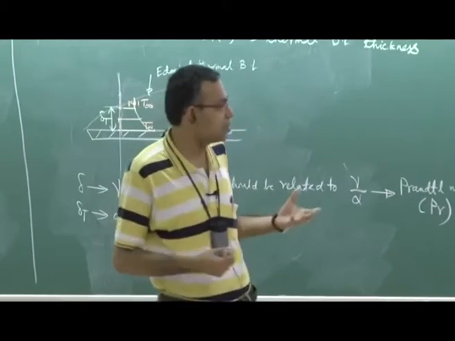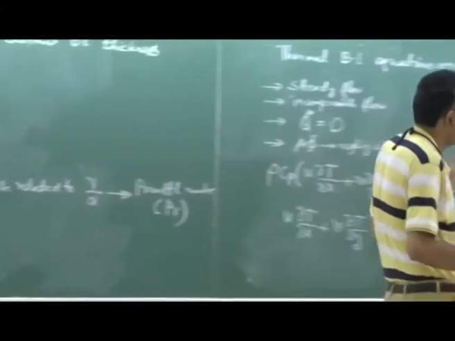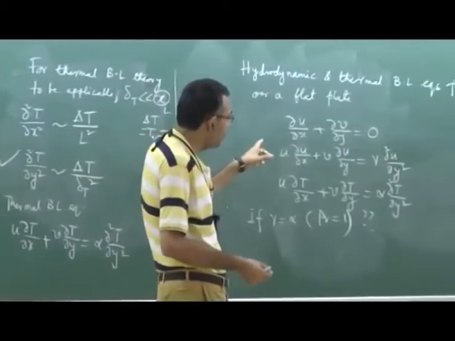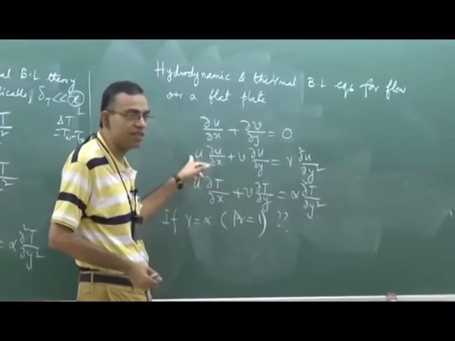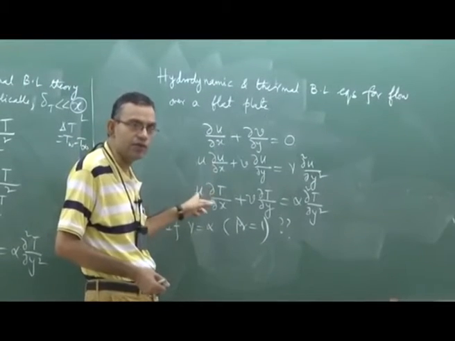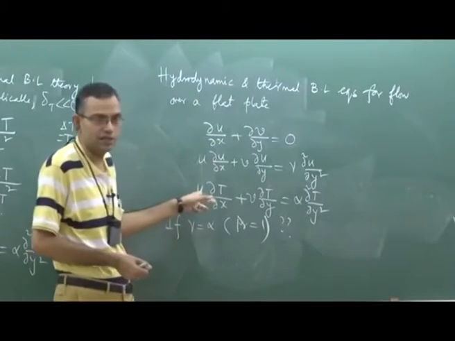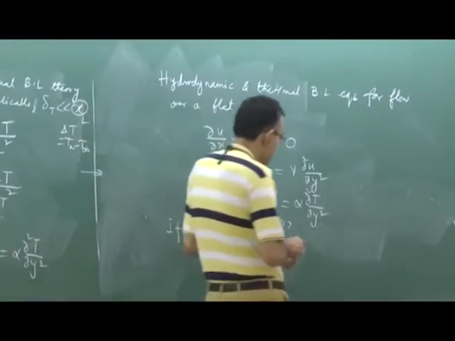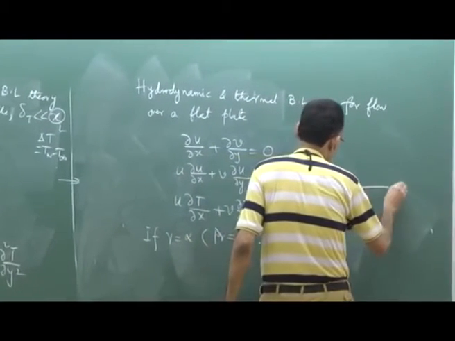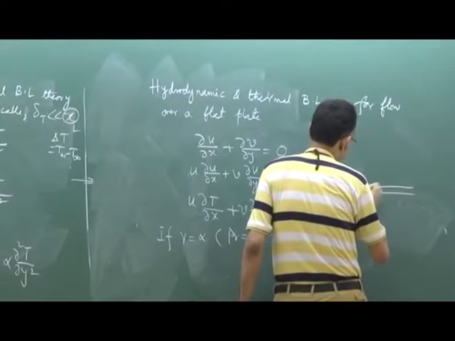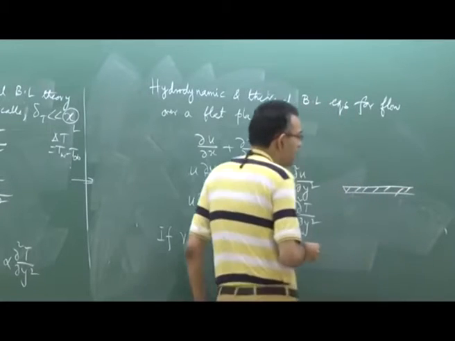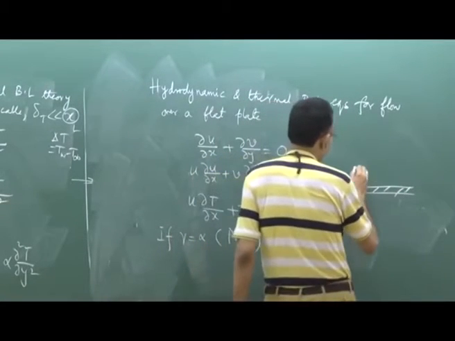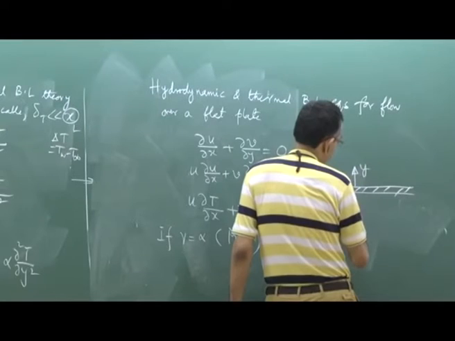Now the question is, when you have the Reynolds analogy, you also have to make sure that these equations are analogous not just in terms of equations but also boundary conditions. So what are the boundary conditions? So this is the flat plate, this is the y axis.